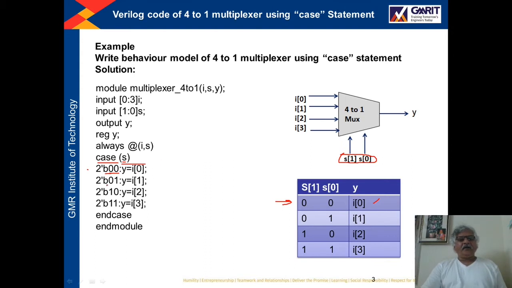Then the next expression is 0 1. So if the value of the select line is 0 1, because see here, case S is an expression, the value of S means S1 and S0.